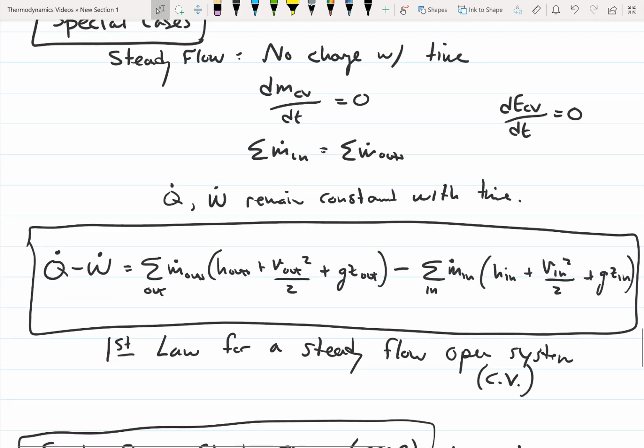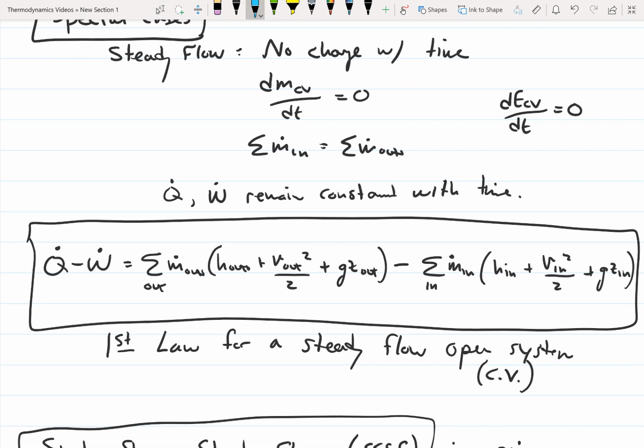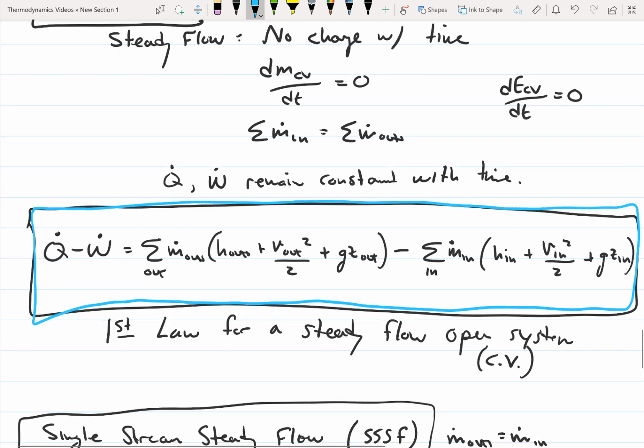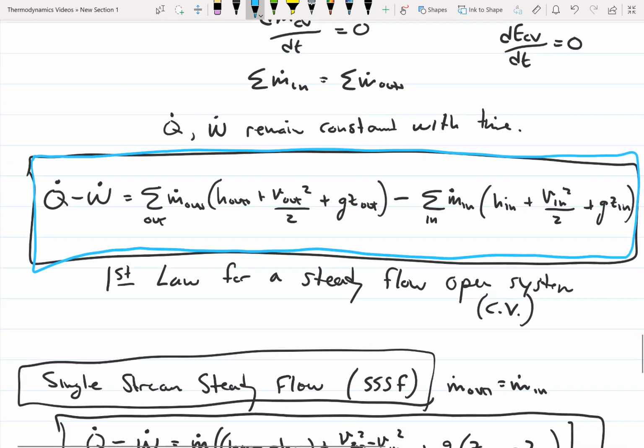First of all, we looked at steady flow. With steady flow, that means that there's no changes with time. In other words, our mass flow rate doesn't change with time, our energy in the control volume doesn't change with time, and the rate of the heat and work input or output remain constant with time.